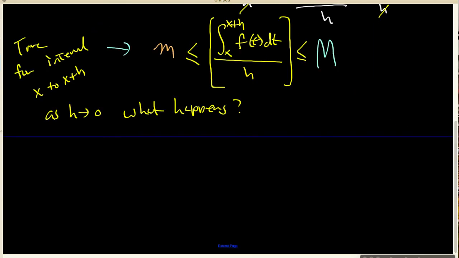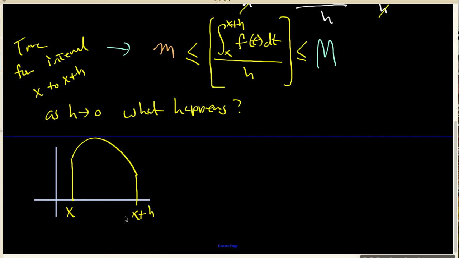I'm going to draw the same picture with not all of the rectangles. So there's my axes, and here's my x, and here's x plus h, and this is going to shrink away as h goes to 0.